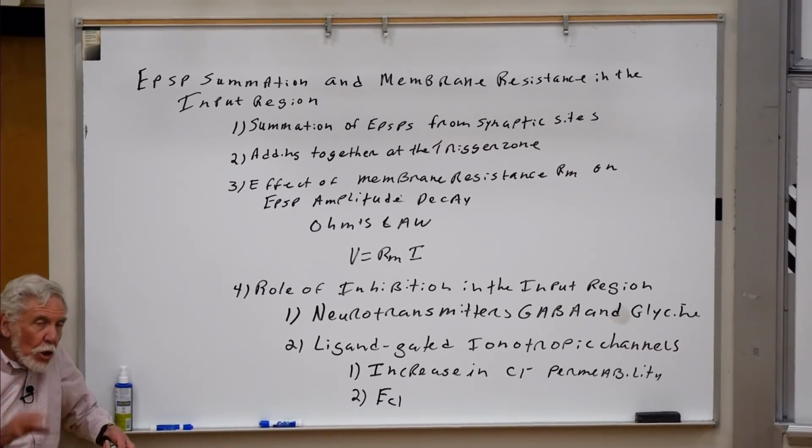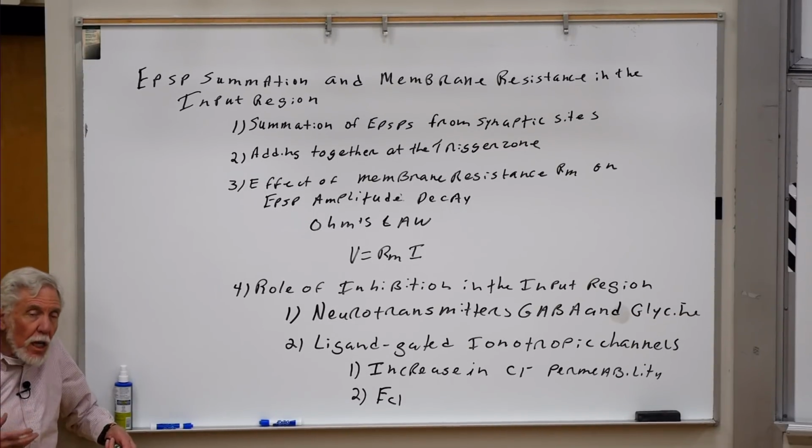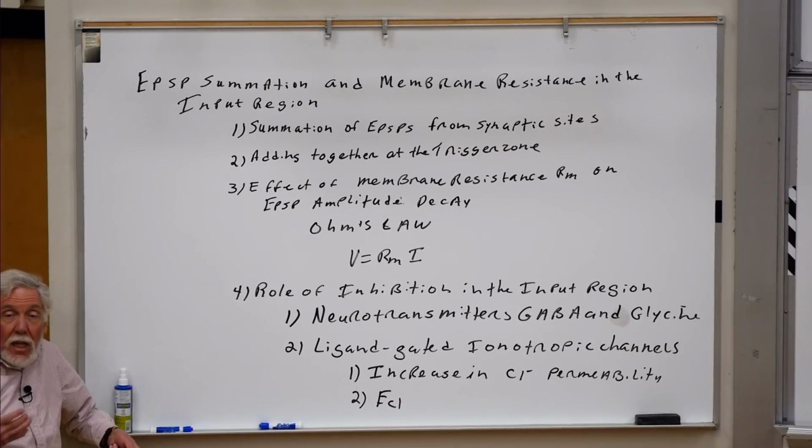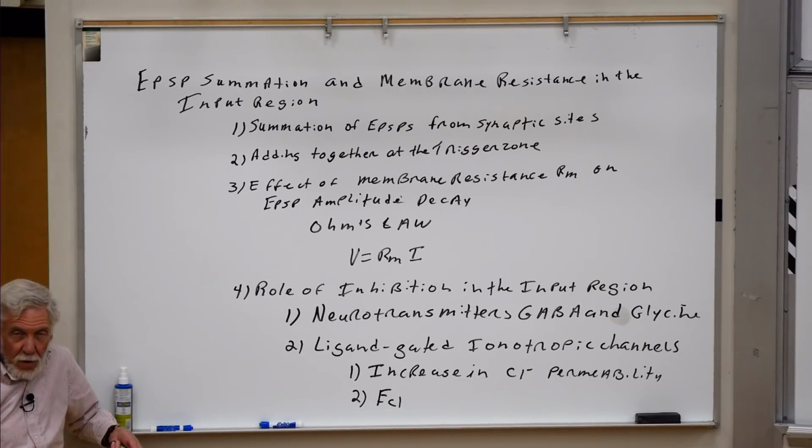The opening of those channels allowed for the influx of sodium into the input region of neurons. That sodium would generate a depolarization. But the depolarization generated by the neurotransmitter released at an individual synapse tends to be small, no more than a fraction of a millivolt.